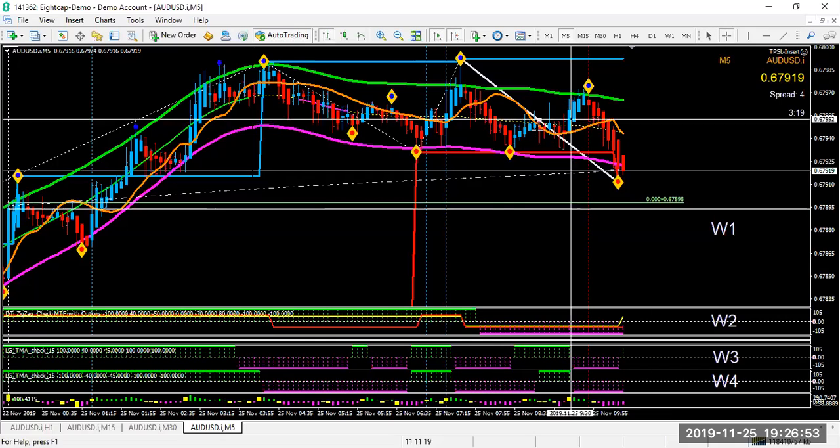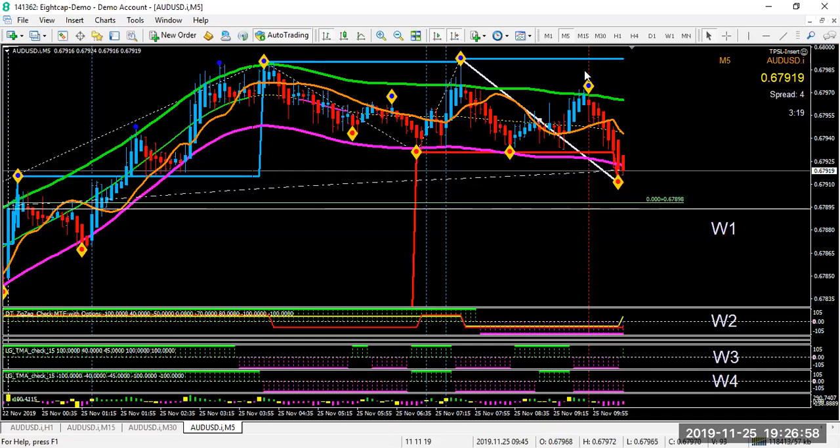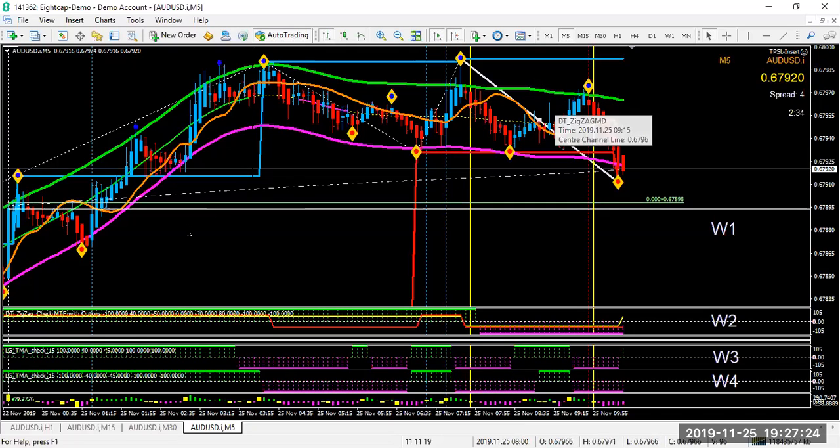All right, so once again, we have the vertical line, which draws itself here. We have our secondary alerts. So yeah, we've seen a few here at 5, and you've seen it at the 15.